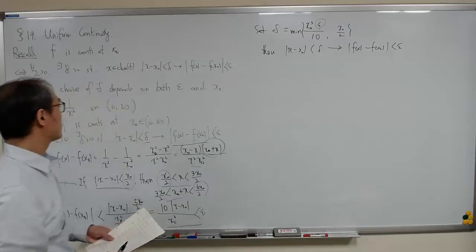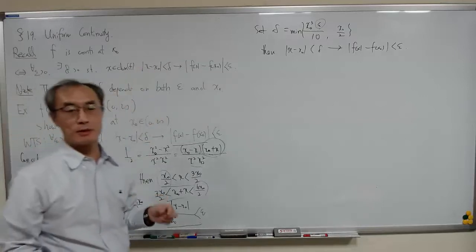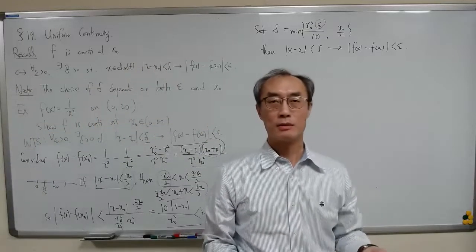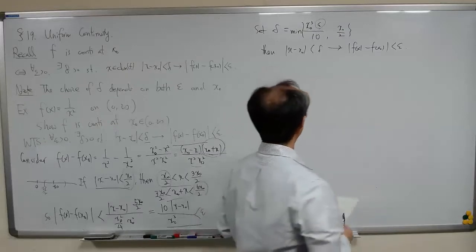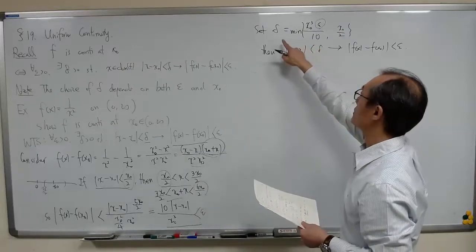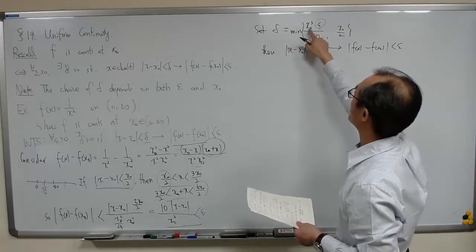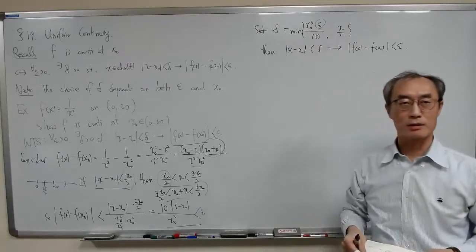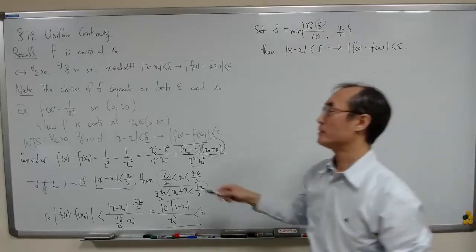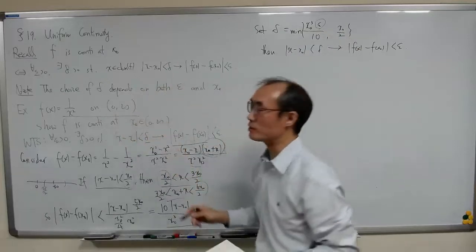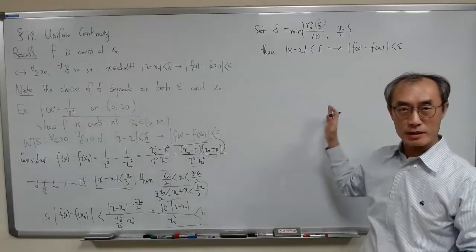If we choose smaller epsilon, your delta must be smaller. However, the choice of delta also depends on the position x naught. This function itself is continuous on the entire positive axis.